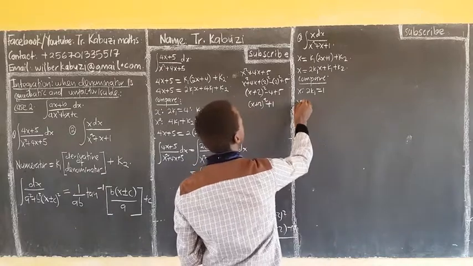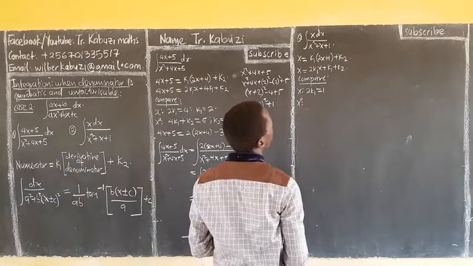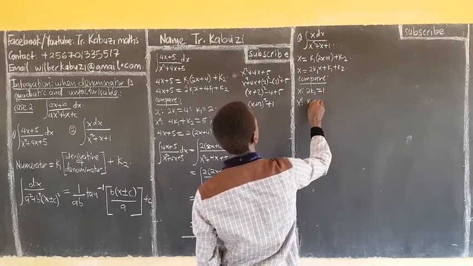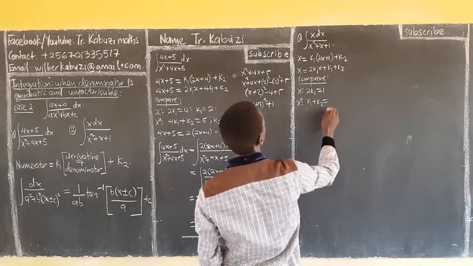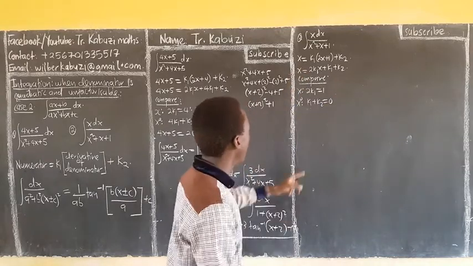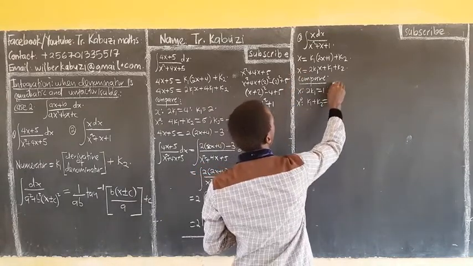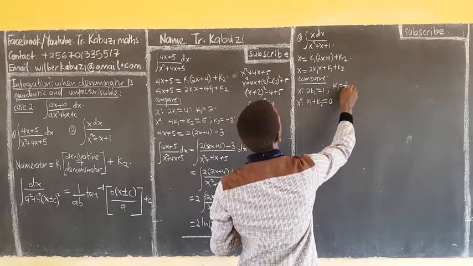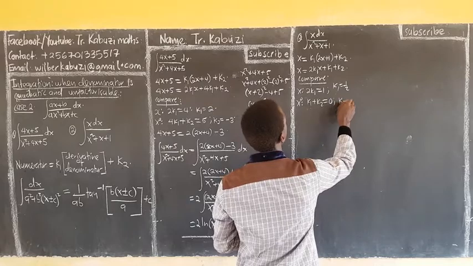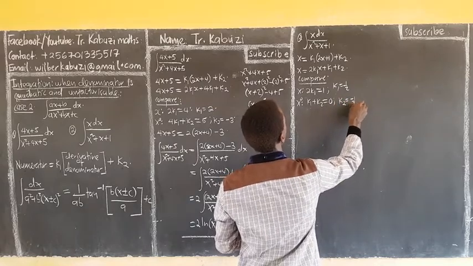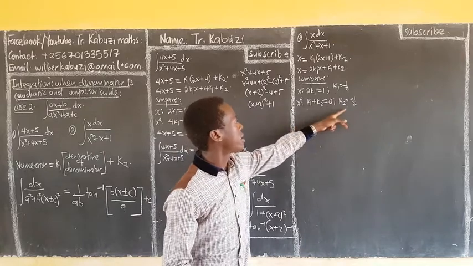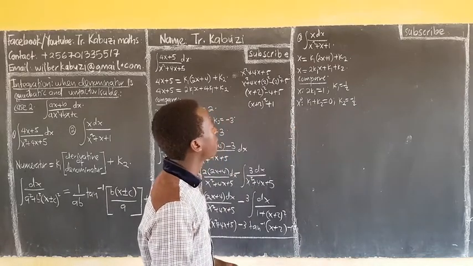So for the constant, this side we have k1 plus k2 equaling 2. This side is no constant, it's just a 0. So from here, to start, your k1 will be a half. If k1 is a half, it means that my k2 will be negative a half. If you put in your k1 and take the side, k2 will be negative a half.